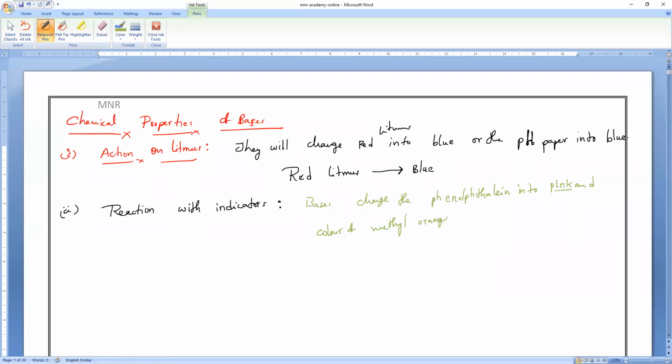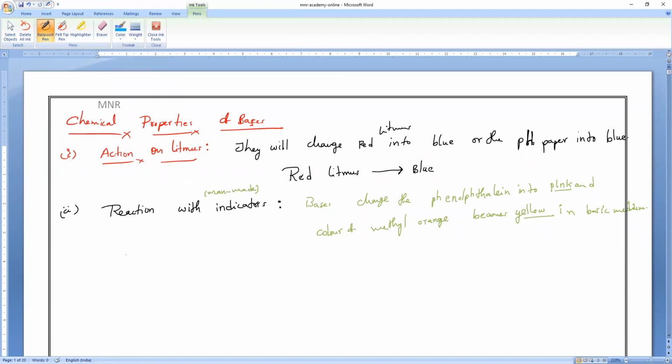Methyl orange becomes yellow in basic medium. These two indicators are man-made indicators, or we can say synthetic indicators.